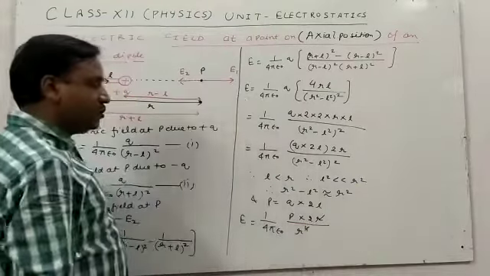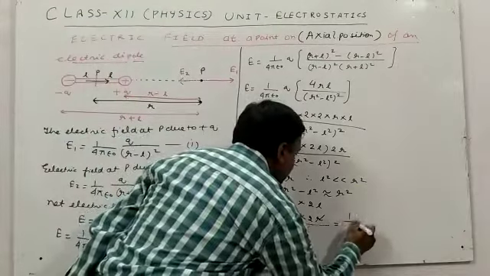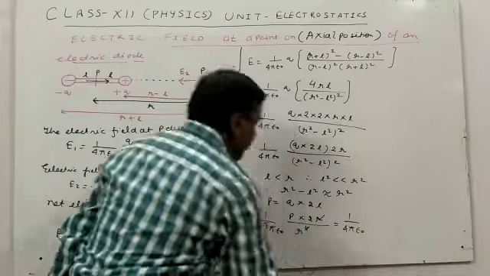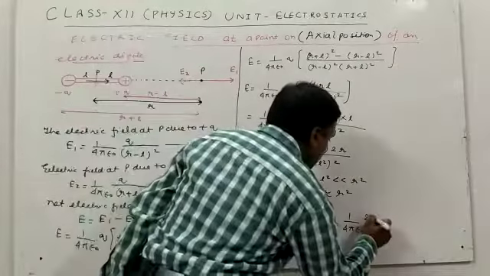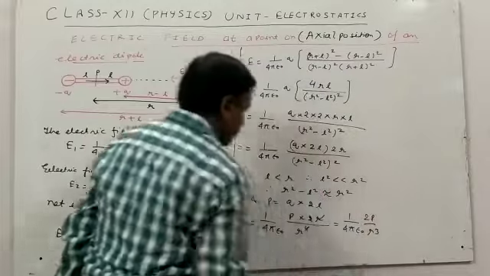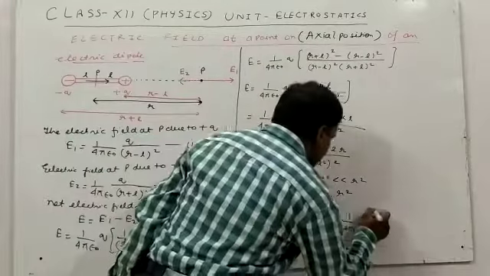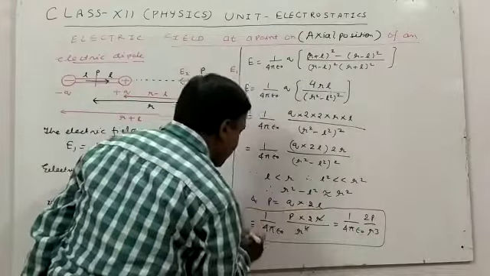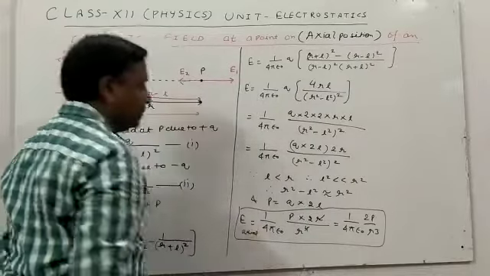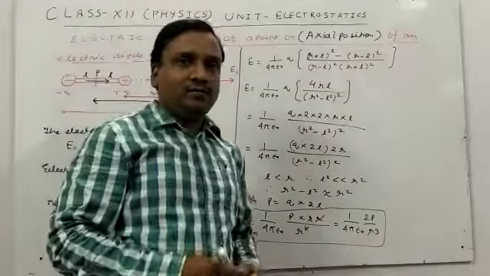One of the r cancels out, and you get the result: E equals 1 upon 4 pi epsilon 0 times 2p upon r cube. This is the expression for electric field at axial position due to an electric dipole.